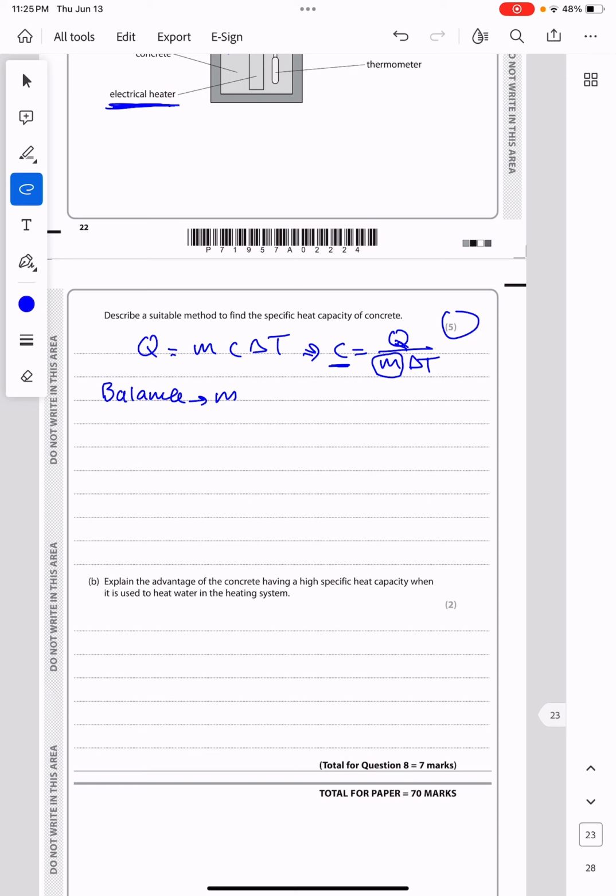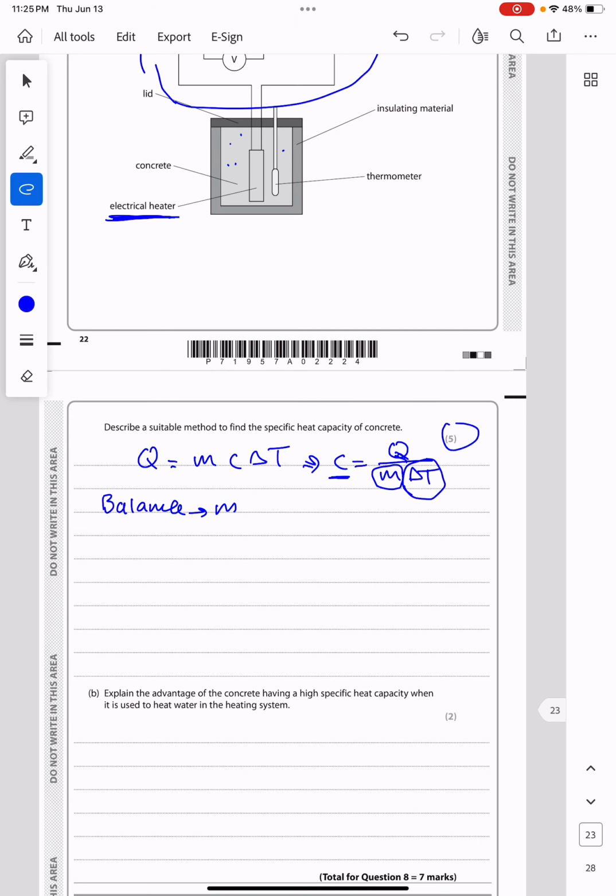Now, how to find the temperature change for the concrete? You're just gonna put the concrete in a water bath in order for them to be in thermal equilibrium. And so you're gonna find out the initial temperature of the water, and then the final temperature, and you just subtract them, and you're gonna get the ΔT.